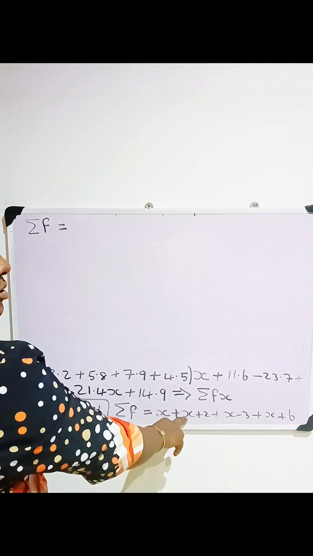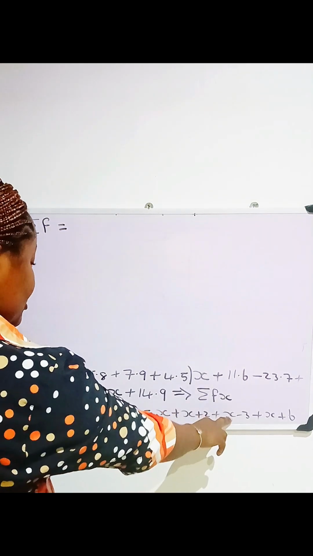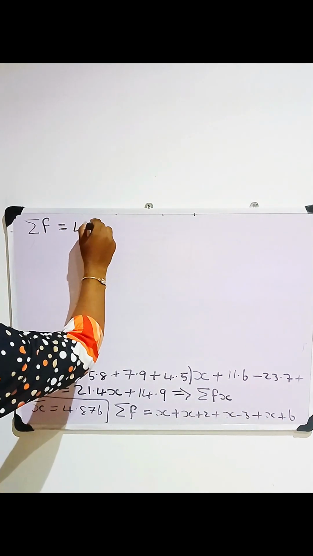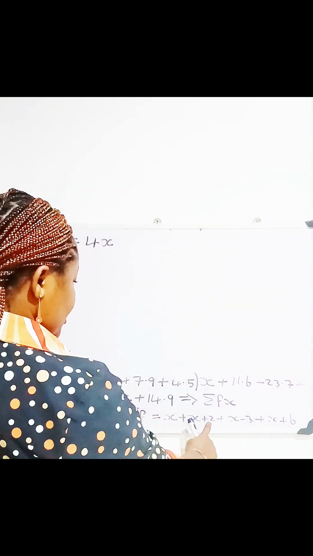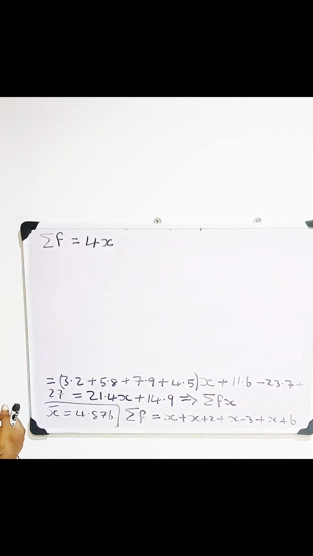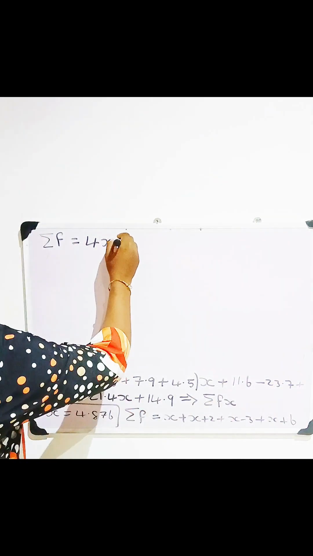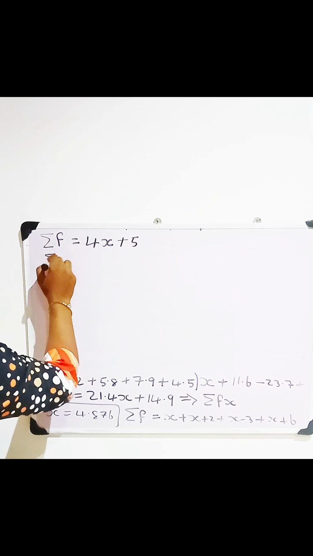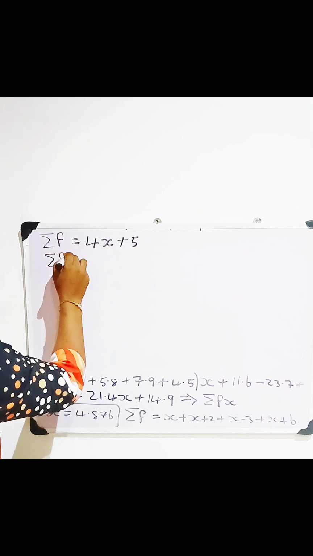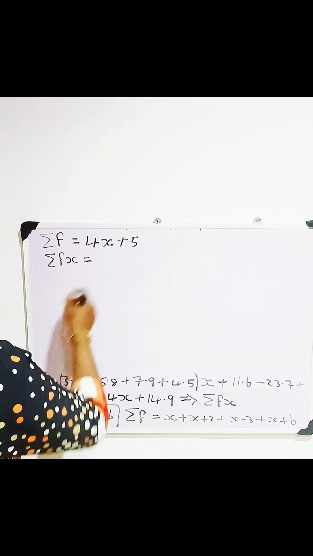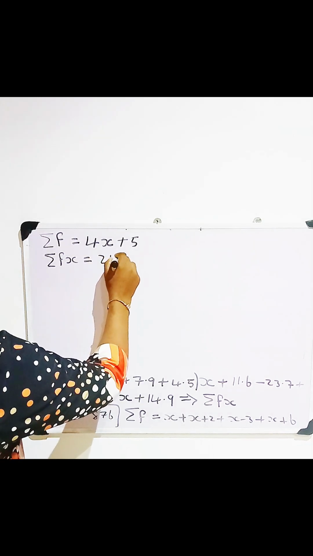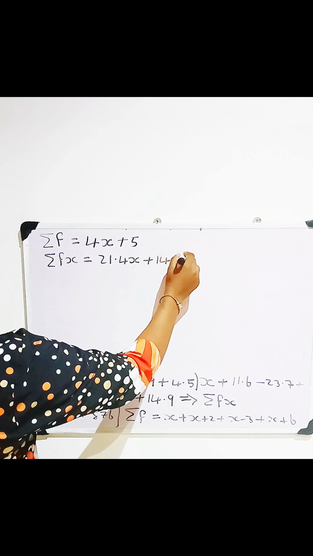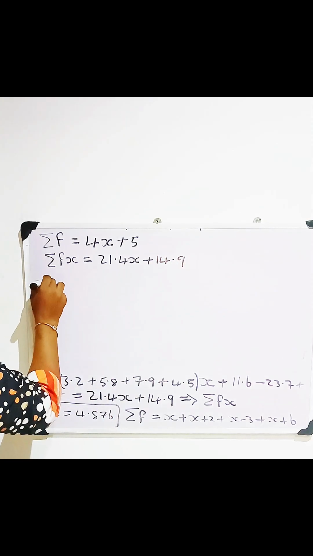The x terms give us 4x, and then 2 minus 3 plus 6, which is minus 1 plus 5, gives us plus 5. So we have our sum of f as 4x plus 5. We also remember we had gotten our sum of fx as 21.4x plus 14.9. So now let's go back to our main formula.